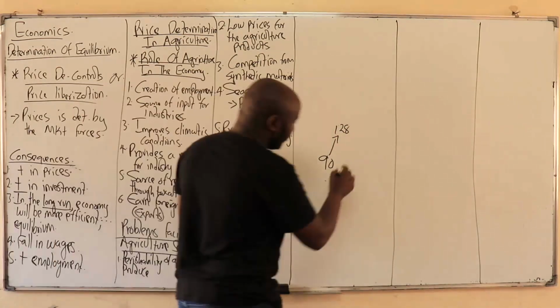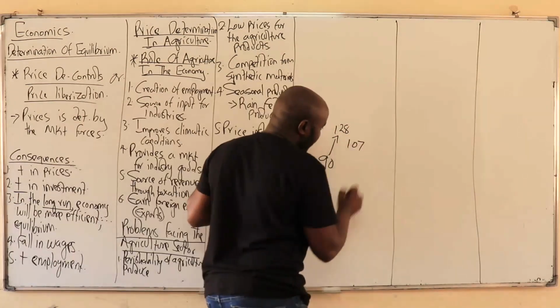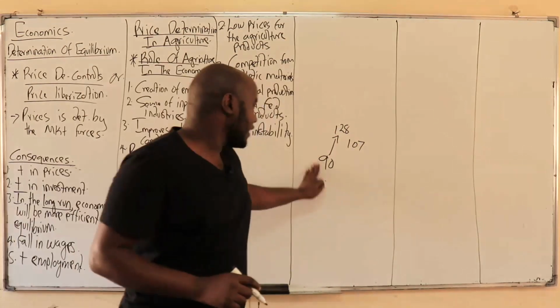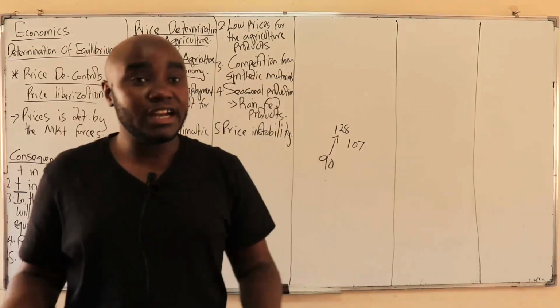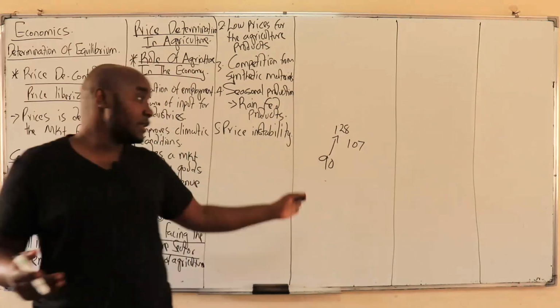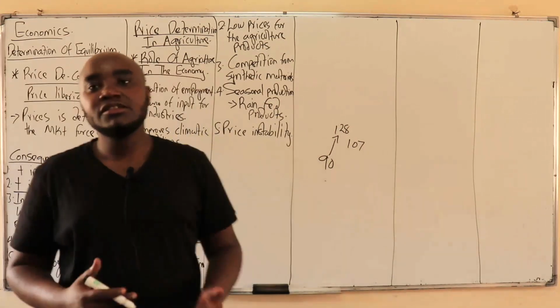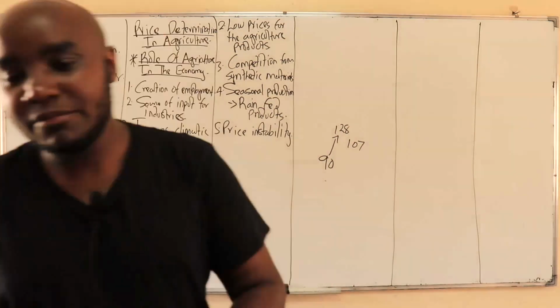Ours was 107 or so. You can see that a farmer who had 10,000 kilograms, and this is per kg, was earning appropriately.